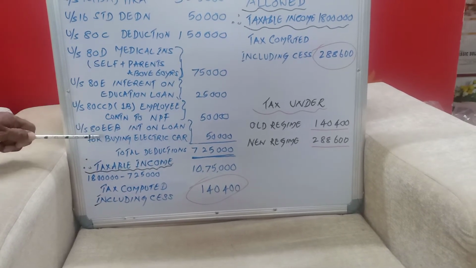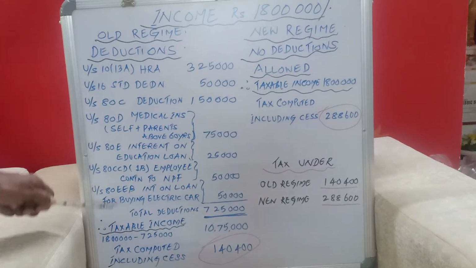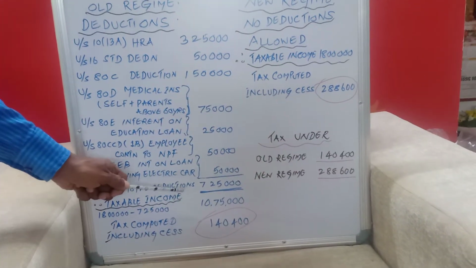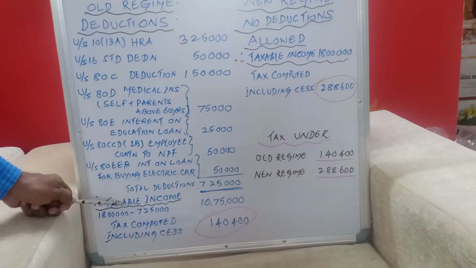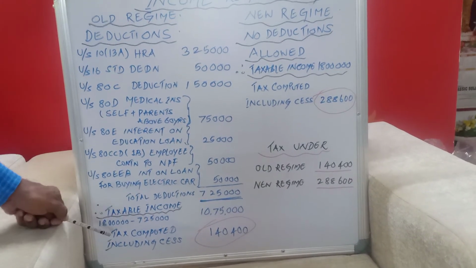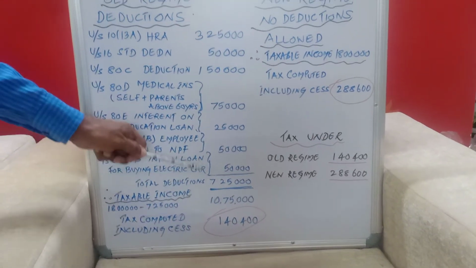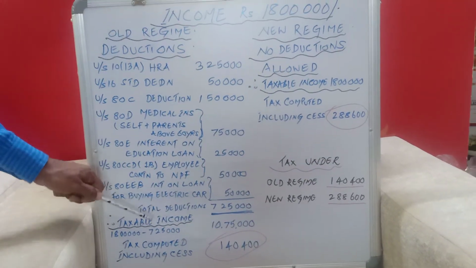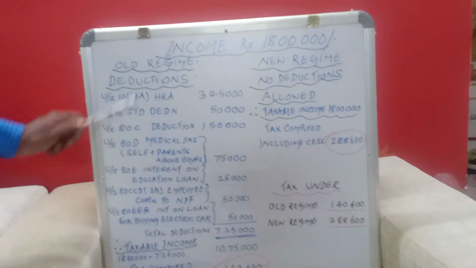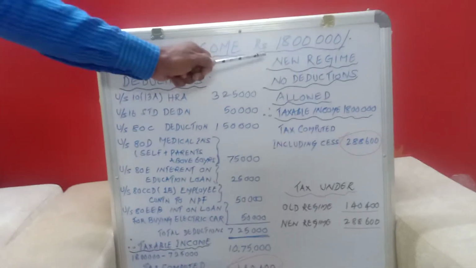When we subtract 7,25,000 from the total income of 18 lakhs, the balance 10,75,000 is called taxable income. When we calculate the tax, it comes to 1,40,400 including cess.